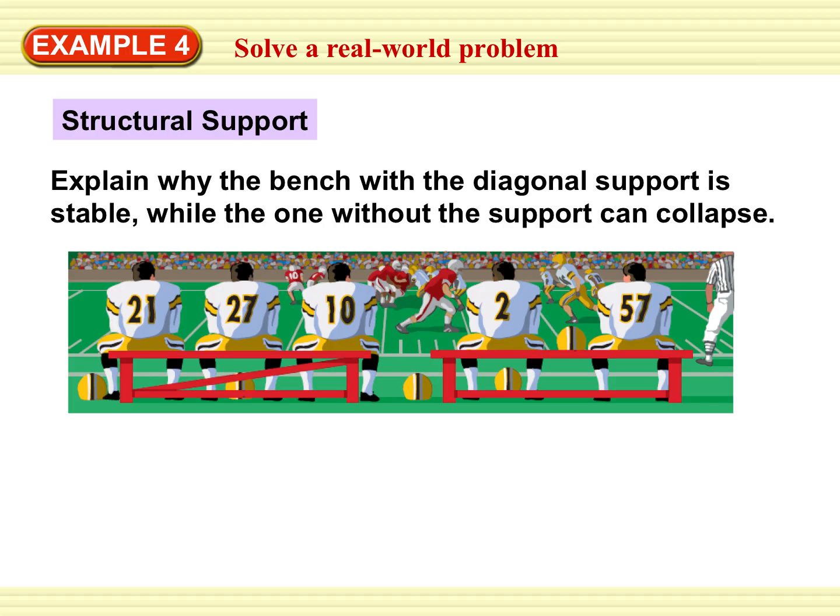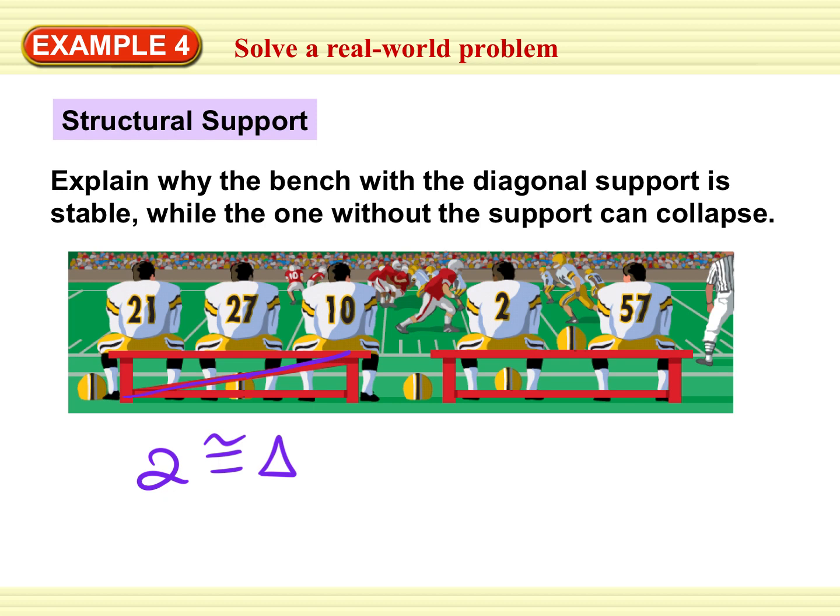So example 4, it says, explain why the bench with the diagonal support is stable while the one without the support can collapse. Well, as soon as we put in this diagonal support through here, it now creates 2 congruent triangles.